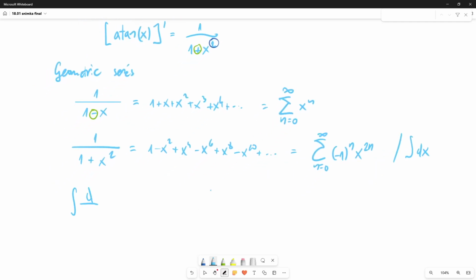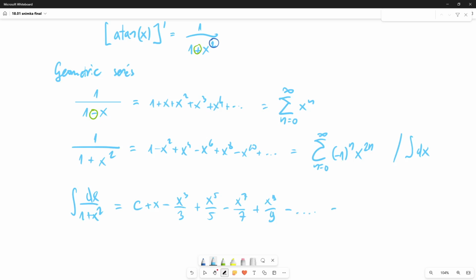When we integrate the left side, we will obtain our arcus tangent of x. And when we integrate the right side, we obtain constant c plus x minus x to the power of 3 over 3 plus x to the power of 5 over 5 minus x to the power of 7 over 7 plus x to the power of 9 over 9, and so on and so forth.